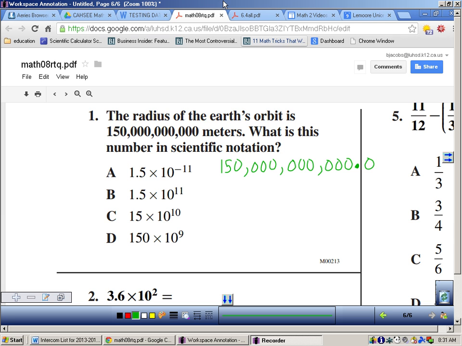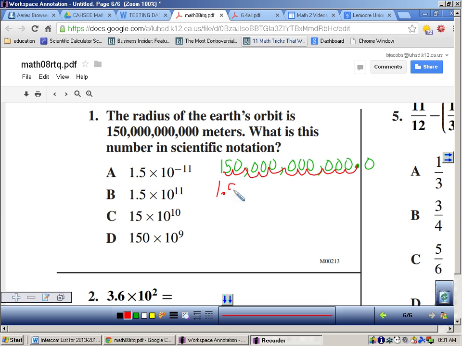You move your decimal a number of digits and stop in the position that creates a number between 1 and 10. That would be 150. Keep going. 15. Nope, not between 1 and 10. And finally 1.5. That does it.